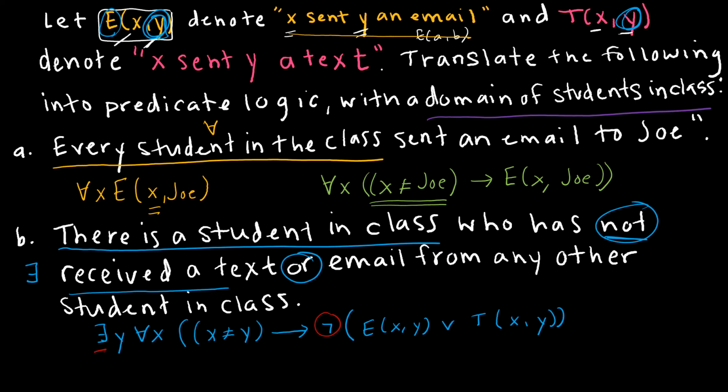And so another way I could write this is that there exists a Y such that for all X, if X does not equal Y, then not E(X,Y) and not T(X,Y), which of course means that X did not send an email to Y and X did not send a text to Y.